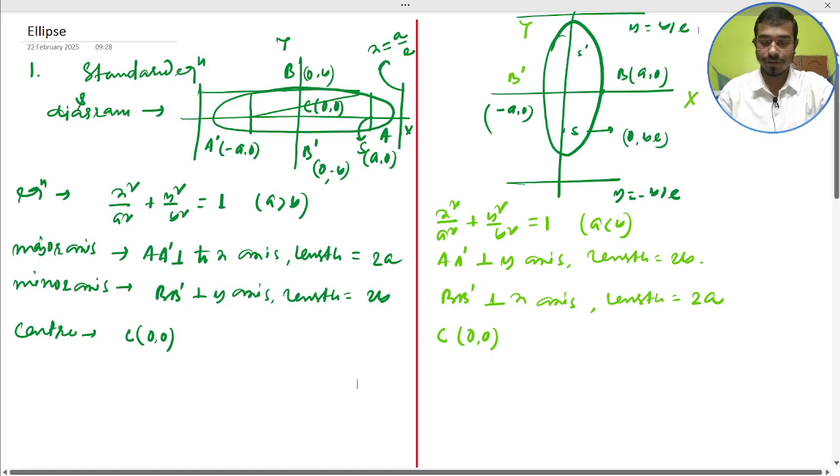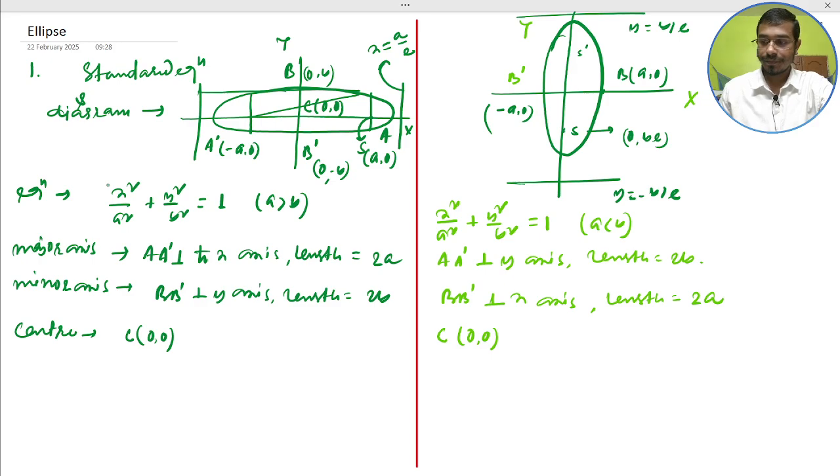Here the center is (0, 0), almost same. Now the vertices. Here one is A, this is (a, 0), and the other is A', this is (minus a, 0).